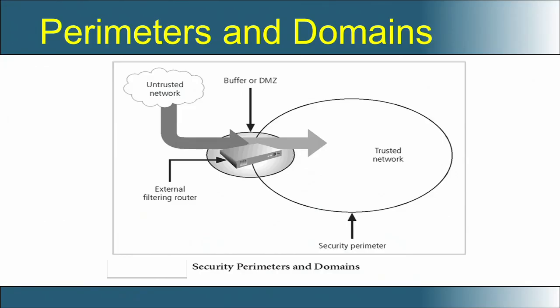The next thing is about perimeters and domains. What I mean by a perimeter: I have an untrusted network, and the external filtering router is the interface between the untrusted part and the trusted network. So, that forms the perimeter. All the devices in this perimeter will partition your access space between what you call a demilitarized zone and an untrusted zone. So, what does this say?